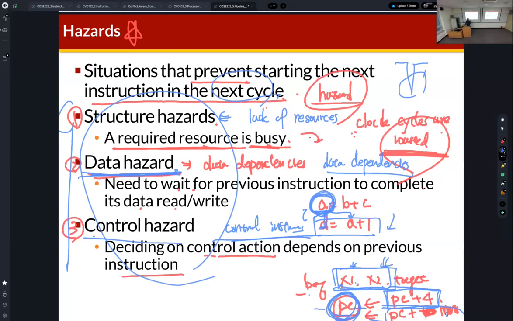Clock cycles are wasted because of lack of hardware resources. This event is called a structure hazard. For the data hazard, the clock cycles are wasted because of data dependencies, and this is called a data hazard.